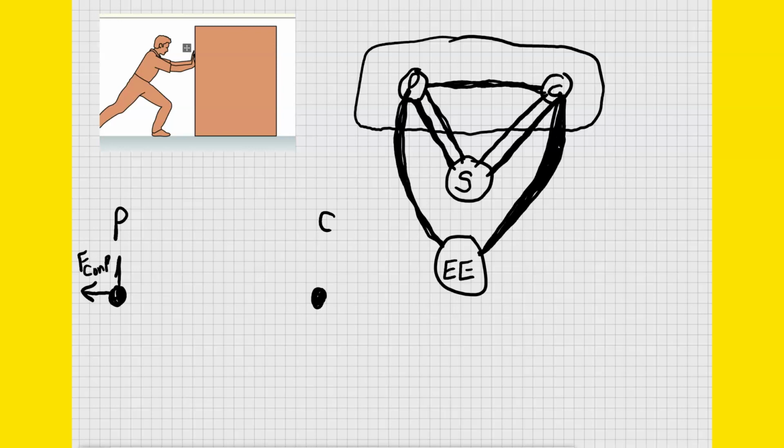We have the normal force of the surface of the earth on the person. We have a frictional force, actually, that is pushing the person forward.